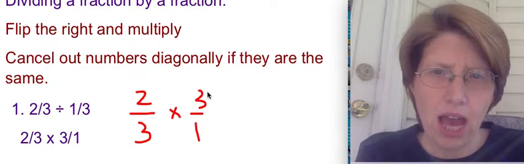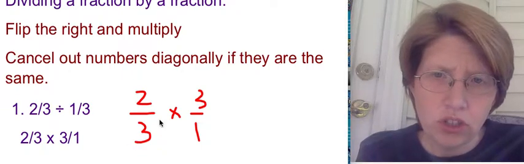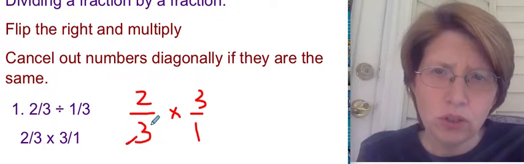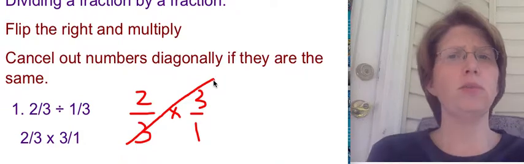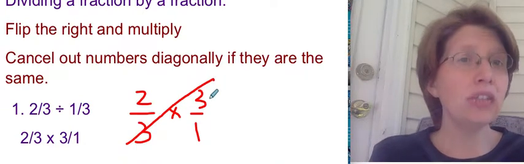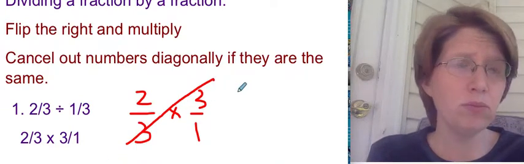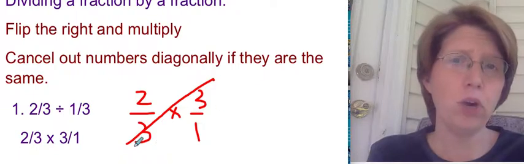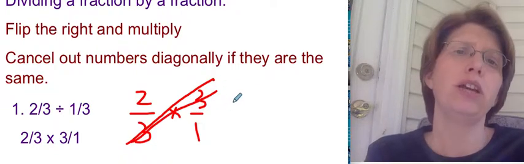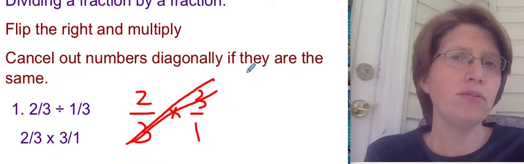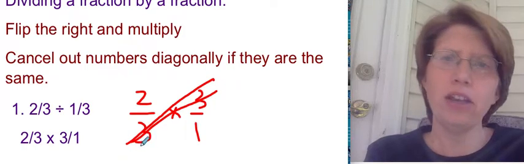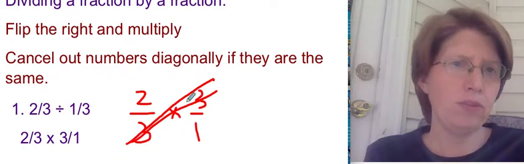So if I simply slice through this number, I cancel that out. I don't have to multiply or divide by that anymore. They cancel each other out because they're the same. Now they have to be diagonal. They cannot be side by side. They have to be diagonal.